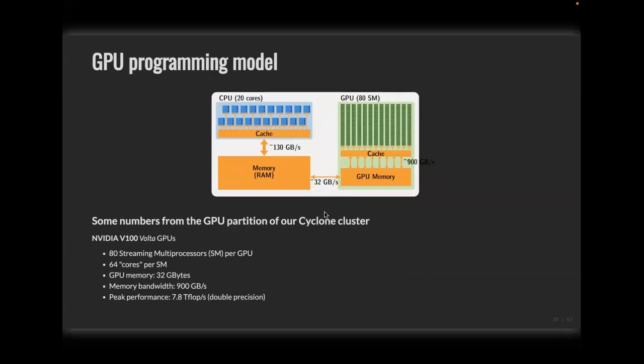So these are some numbers. The numbers that I have there reflect the bandwidths and the performance of what we will be using for this exercise. One thing to keep in mind is that the memory bandwidth of the GPU, so the speed at which you can read and write data here, is about 900 gigabytes per second. These are V100 GPUs.